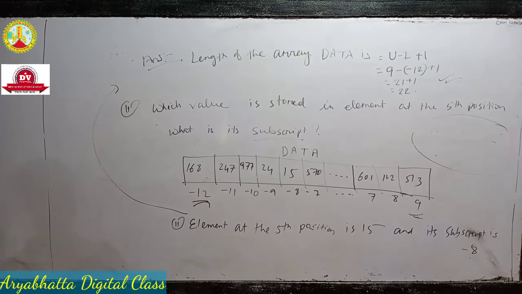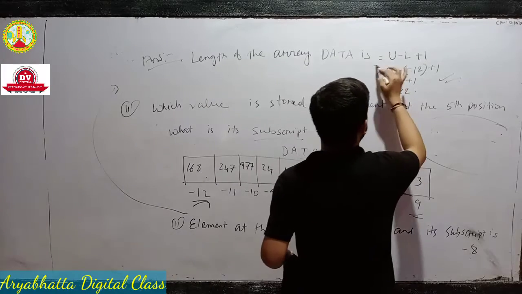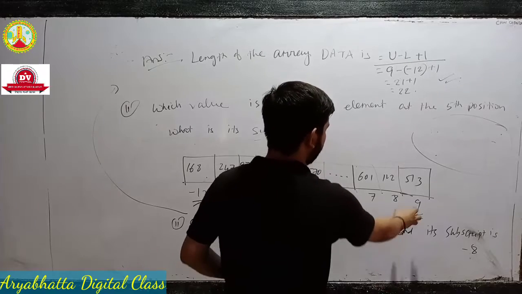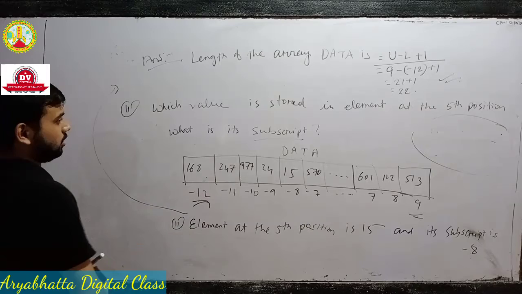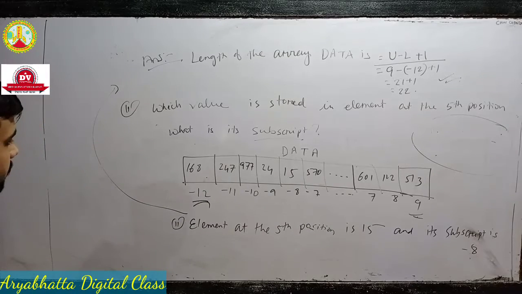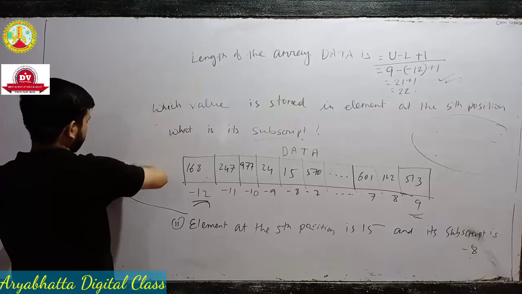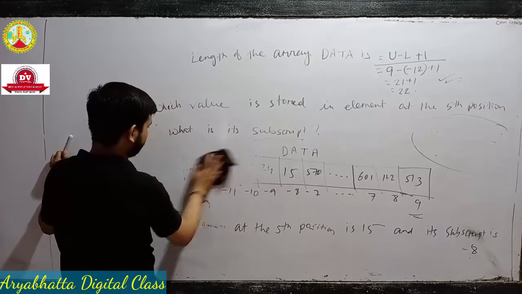This is the formula for finding the length of the array: U minus L plus 1, where U is the upper bound, the maximum highest subscript, and L is the lower bound, the lowest subscript. The fifth element has subscript minus 8.